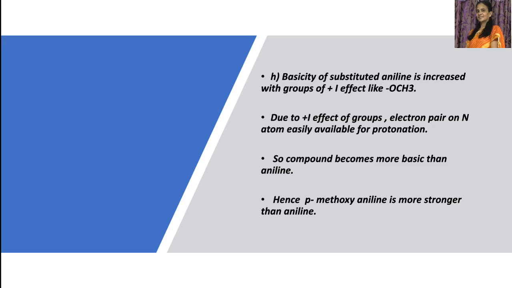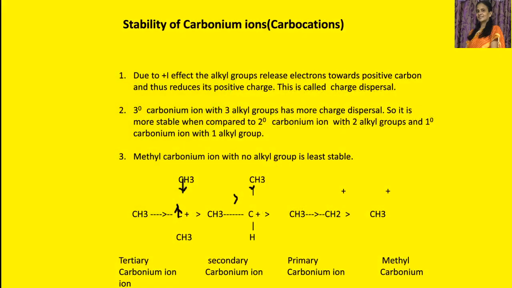Therefore, it acts as a stronger base when compared to aniline. So, due to the plus I effect of groups, the electron pair on the nitrogen atom is easily available for protonation. The compound becomes more basic than aniline. Hence, paramethoxyaniline is stronger than aniline, whereas paranitroaniline is weaker than aniline.